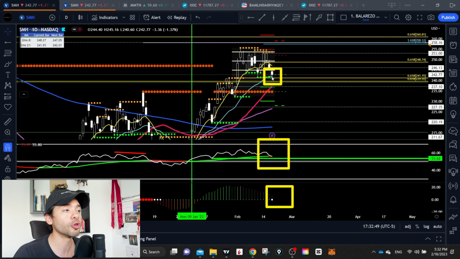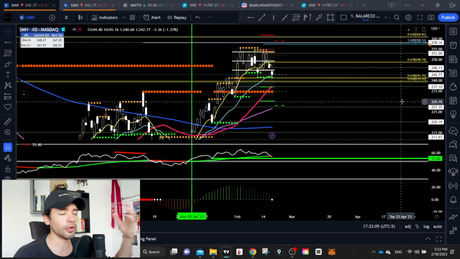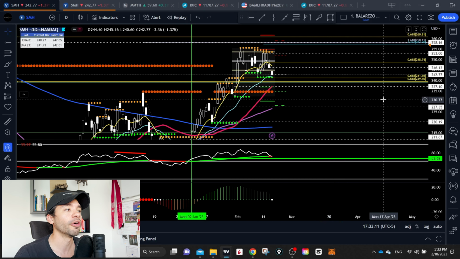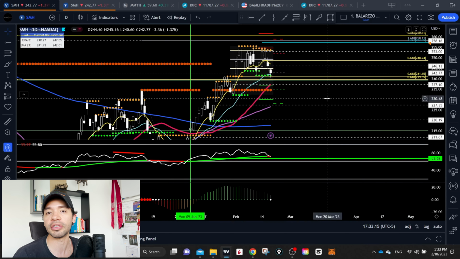You're looking to get your bullish exposure as close to that 21 exponential, and then looking for a move to that 1272 extension, measured from this high right here to this low right here, and this is the move that you're looking for. And this is basically your level of the stop. So that is a really nice risk reward for the SMH, and you can execute with the XOXL to get that leveraged exposure in this ETF.